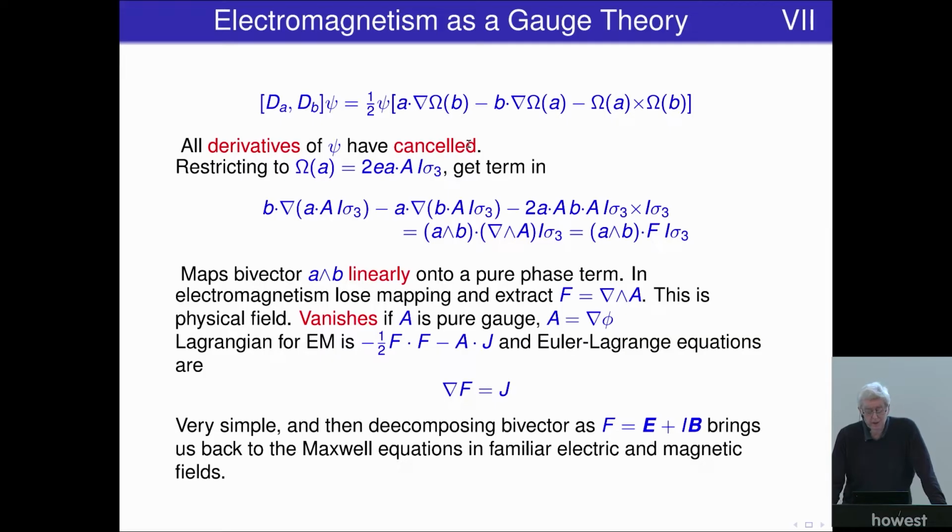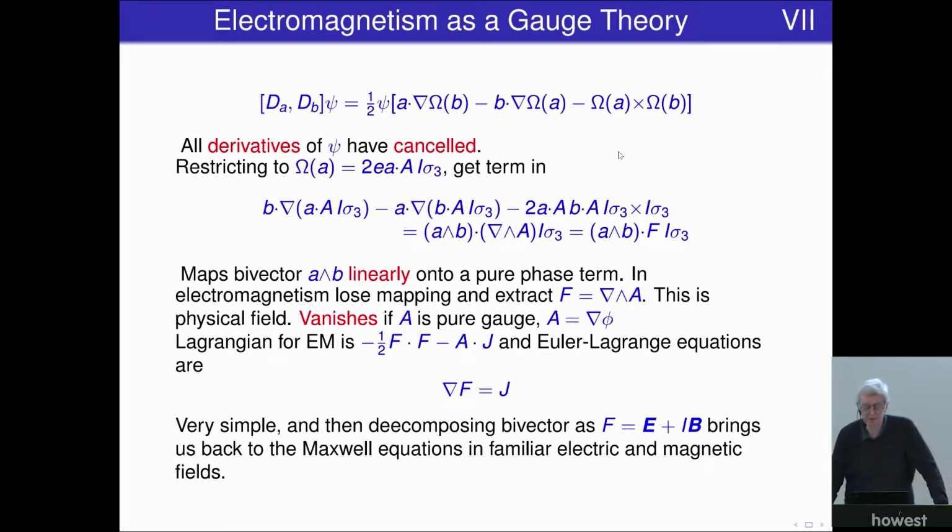And that's the general result, which we'll see in a moment in gravity. But let's now restrict it back to this form that we have when we just have a phase term. And we know that omega of A is that. You put it in here, this bit here, the commutator of omega A cross omega B, that vanishes because it's just an I sigma 3 commuted with I sigma 3.